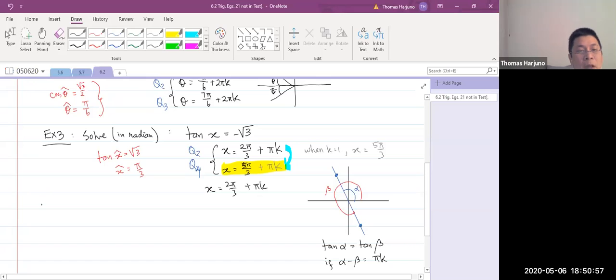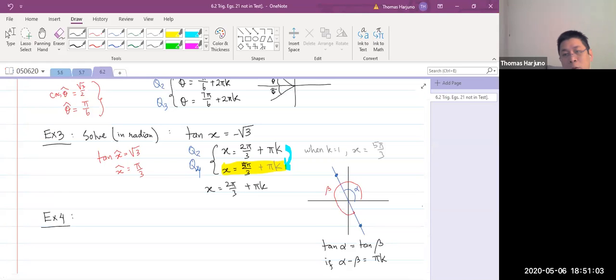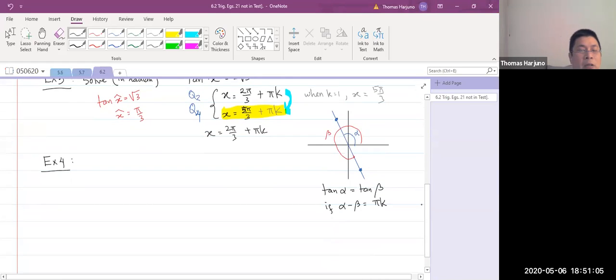Okay, now example 4. What happens if we deal with secant, cosecant? Solve, let's say, secant theta in degrees. Secant theta equals -2. The way we do it, we always change it into sine, cosine, or tangent.